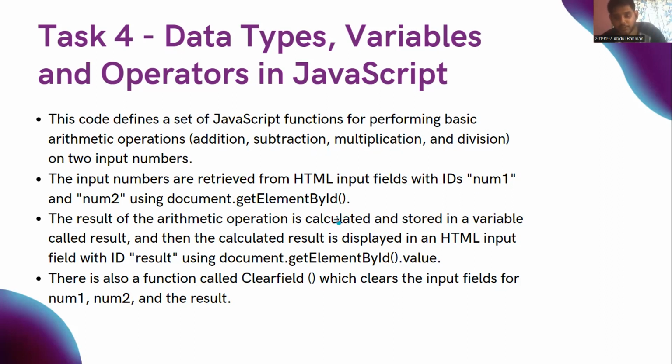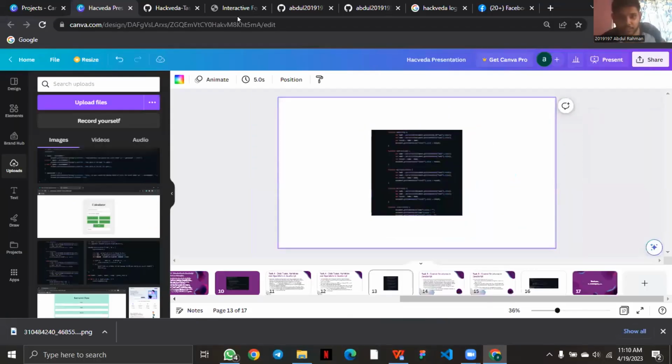I have declared two variables, num1 and num2, and for those num1 and num2, we will do the following operations. This is the code. Like we can see, I have created functions for addition, subtraction, multiplication, and division. And I declared the variables num1 and num2 to perform these operations. And this is the demo.